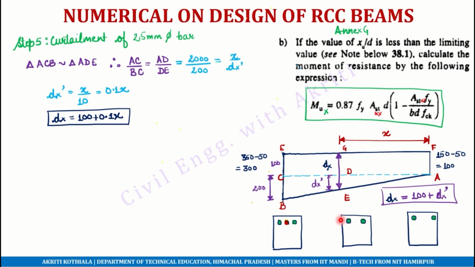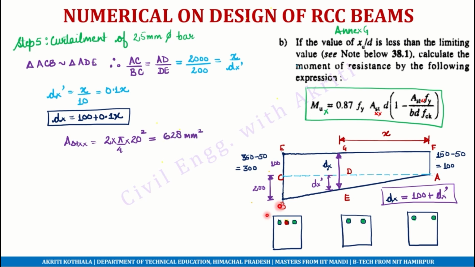That means that the number of bars which are present, we have already decided that we are going to curtail the 25 mm diameter bar. So we know that only 2 bars are remaining here. So AST at XX will be equal to 2 into pi by 4 into 20 square, because the area of steel at XX is corresponding to 2 20 mm diameter bars, which is equal to 628 mm square.